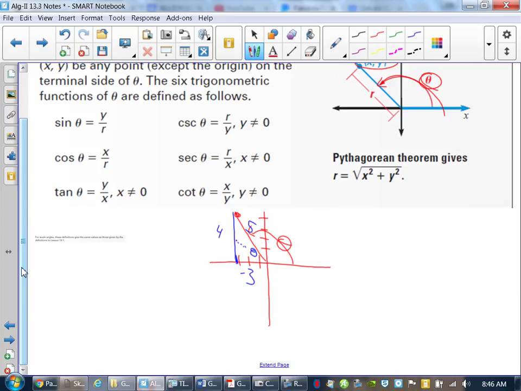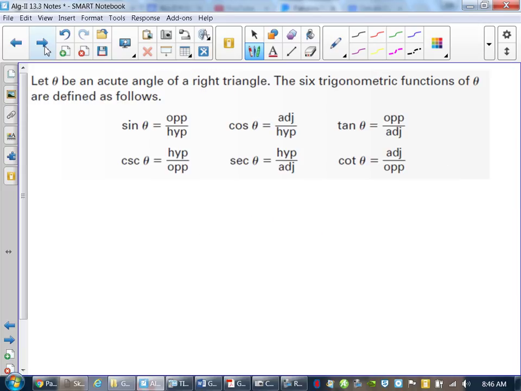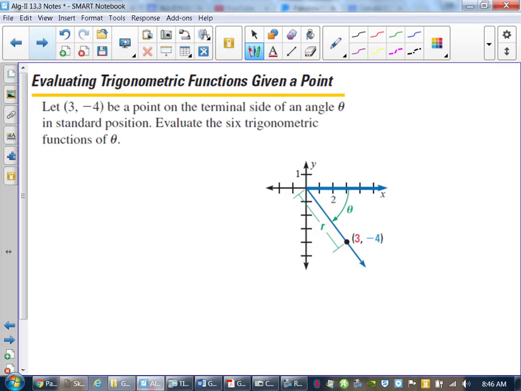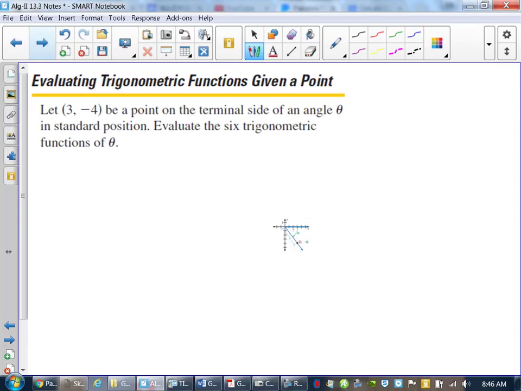If I want to go through an example, let's see which one was it. We did this already. Oh, I did 4, -3, so we'll do this one. Let's write them all out with 3, -4.